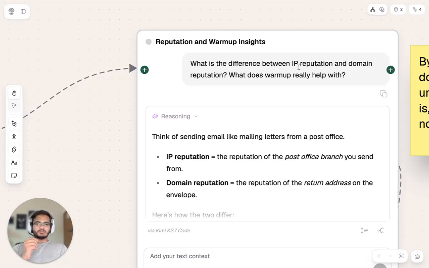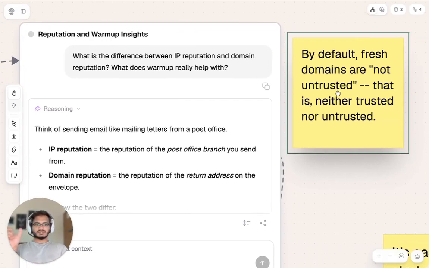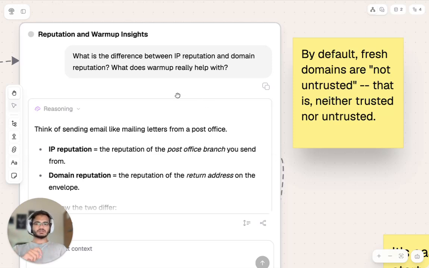But beyond the IP reputation, let's just imagine that the IP that you have is pretty good, it has sent good communication in the past. Your domain reputation still matters. So if you just bought a new domain, it's not going to be very trustworthy. You want to understand that by default, fresh domains are not untrusted. They're neither trusted nor untrusted. You have to build trust on those.